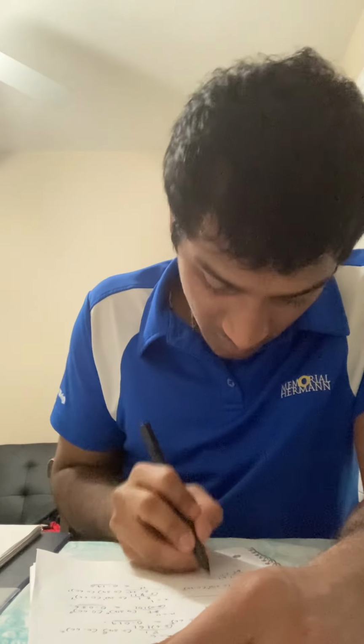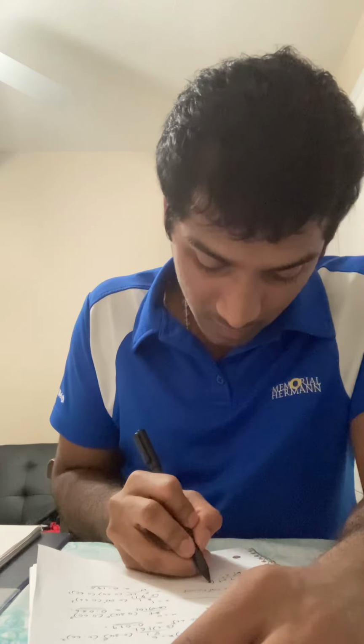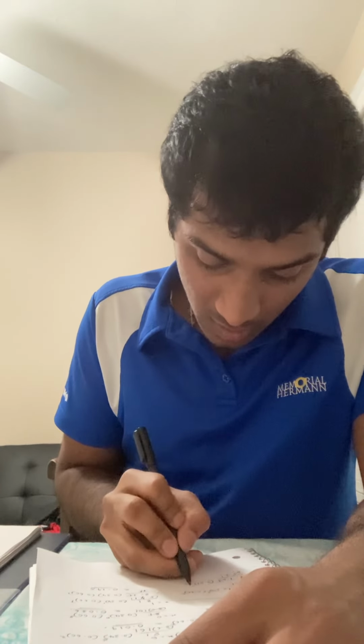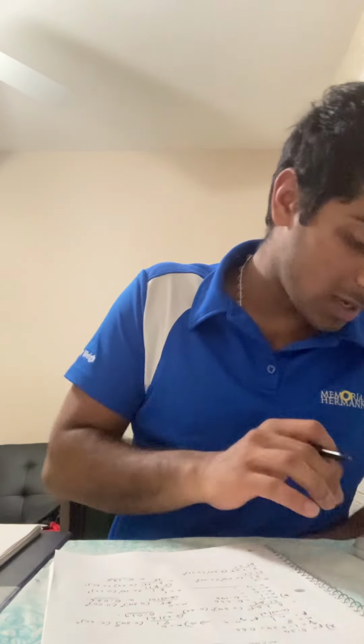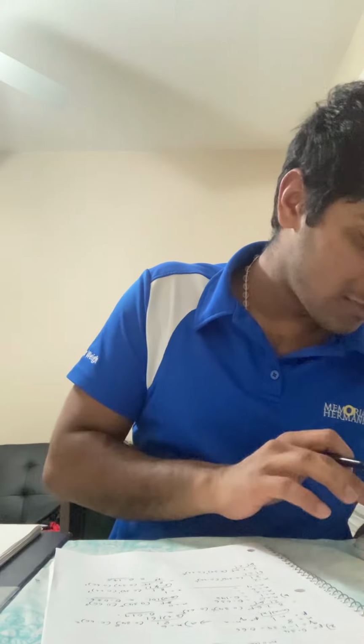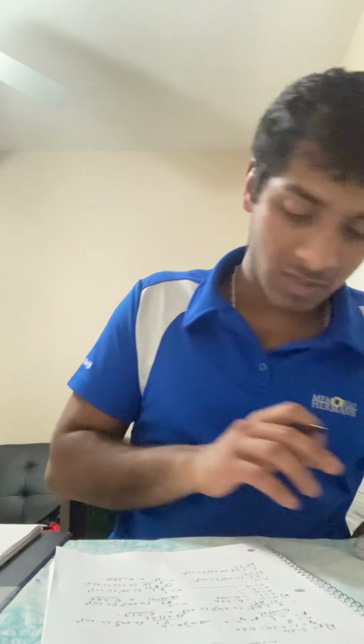So it's 8 into 7 into 6 factorial, and I cut down the 6 factorial in the bottom and the top, and it becomes 8 into 7 divided by 2, which is 56 divided by 2, which is 28.